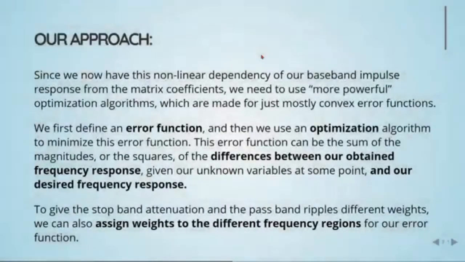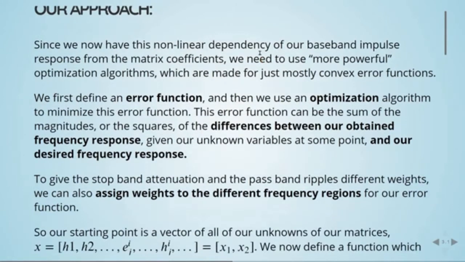So what's our approach? Since we now have this nonlinear dependency of our baseband impulse response on the matrix coefficients, we need to use more powerful optimization algorithms, which are made mostly for convex error functions. First we define an error function, and then we use an optimization algorithm to minimize it.